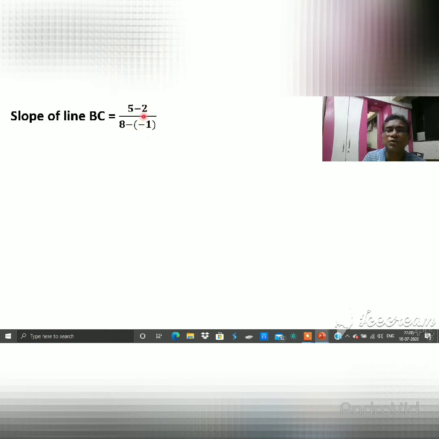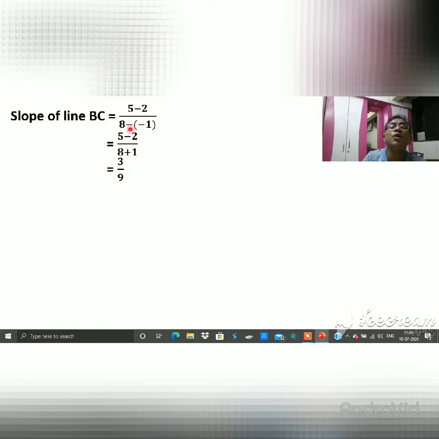So see, 5 minus 2, what remains? 3. Out of the bracket there is a negative sign, so minus 1 becomes plus 1. 8 plus 1, what do you get? 9. So I write here 3 upon 9. Do you understand how it is plus 1?